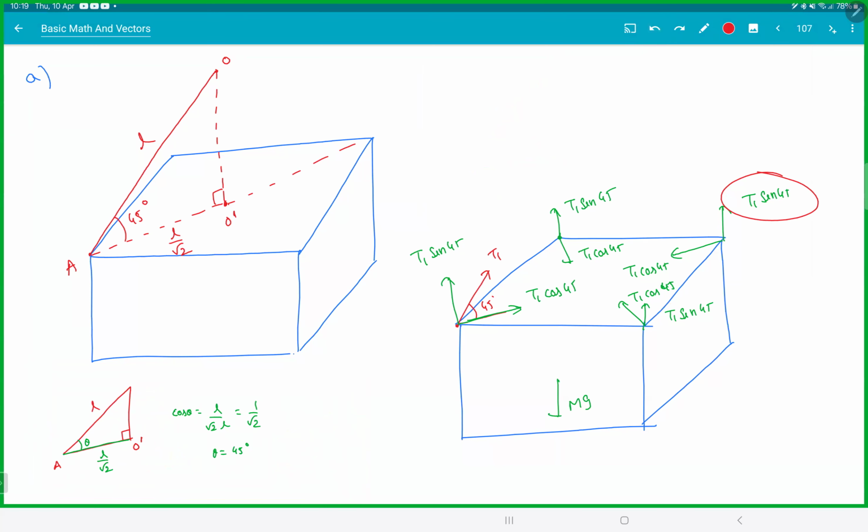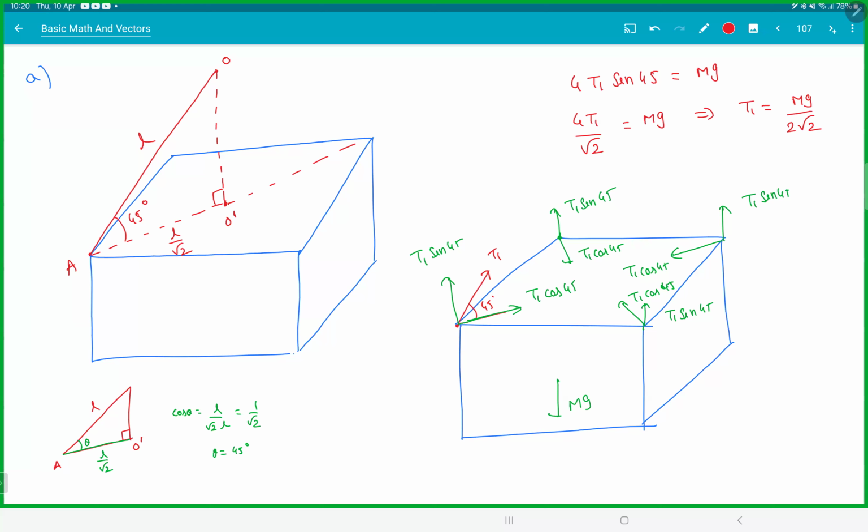Any doubts on that? So 4 times T1 sin 45 is balancing the weight. Sin 45 is 1 by root 2. So we get T1 is mg by 2 root 2. Right, Utsav. Is this clear, everyone?